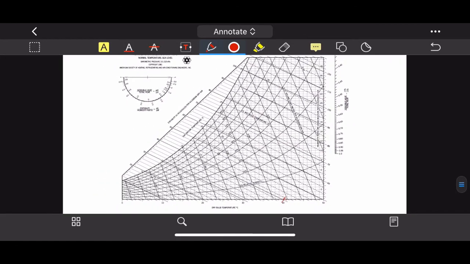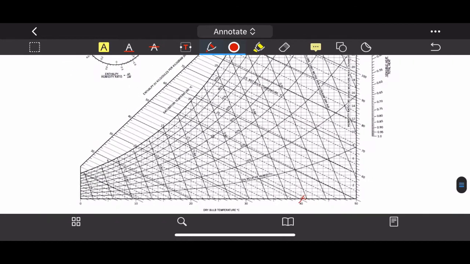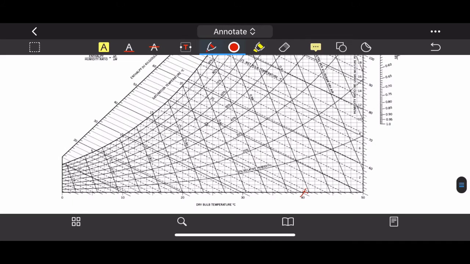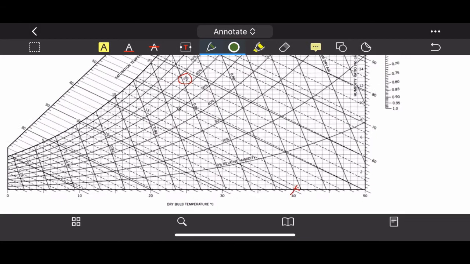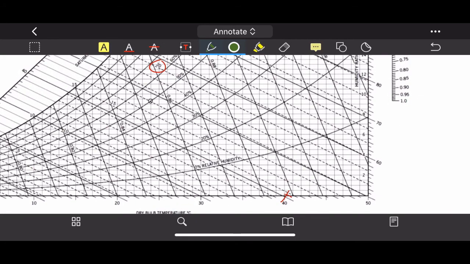Our wet bulb is that dotted line. That dotted line, which is this, right? That dotted line. And we go to 20 degrees. This is 25. This is 20. So if I take a green line up to that point, there, this is our X.